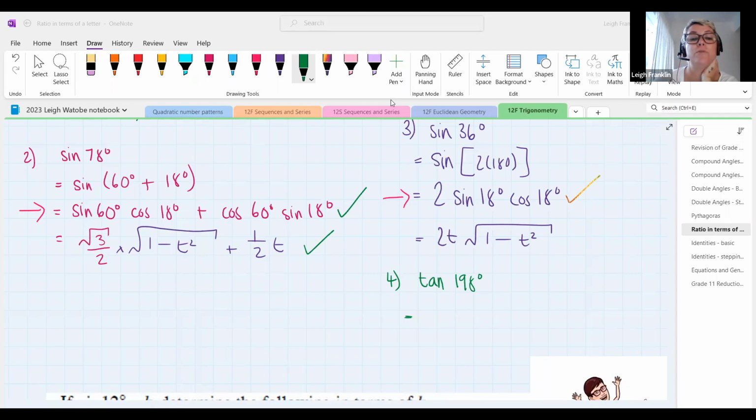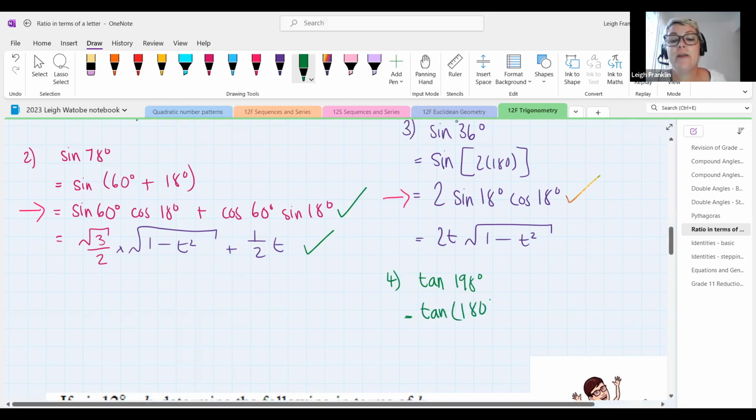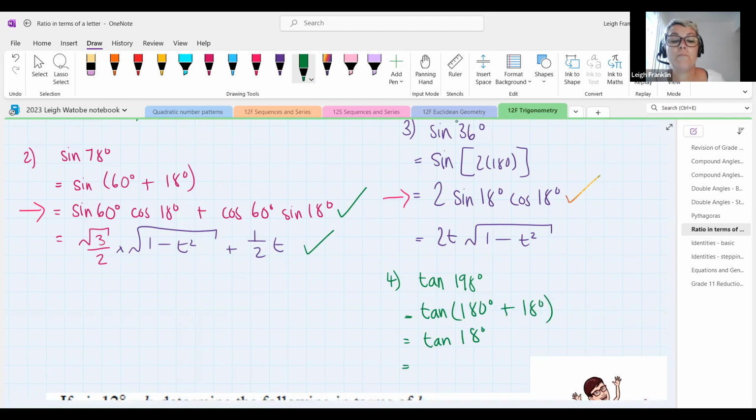All yours. Ma'am, I used 180 plus 18, and then it was equal to tan 18, whereas we already have the angle 18. So my answer was square root t squared minus 1 over t.